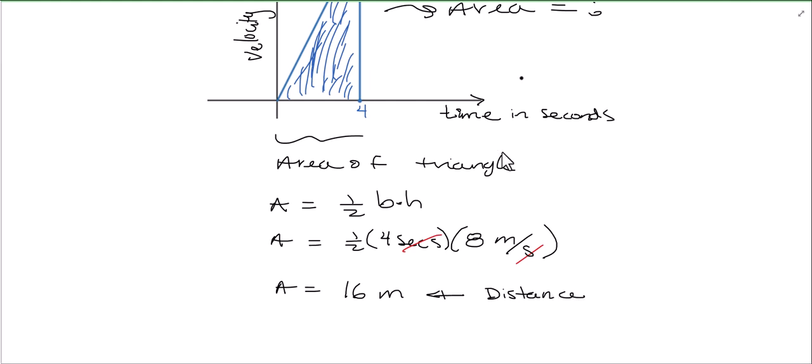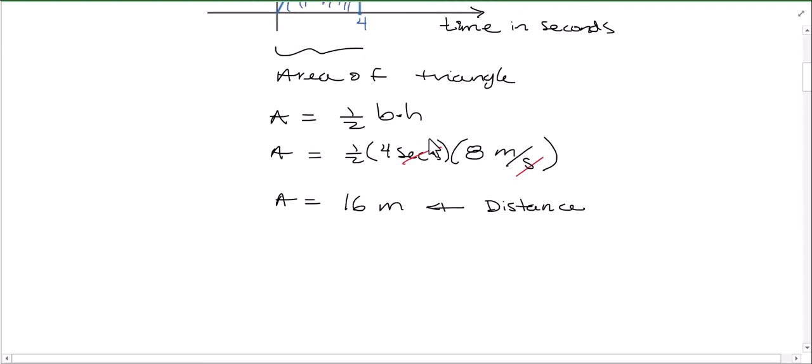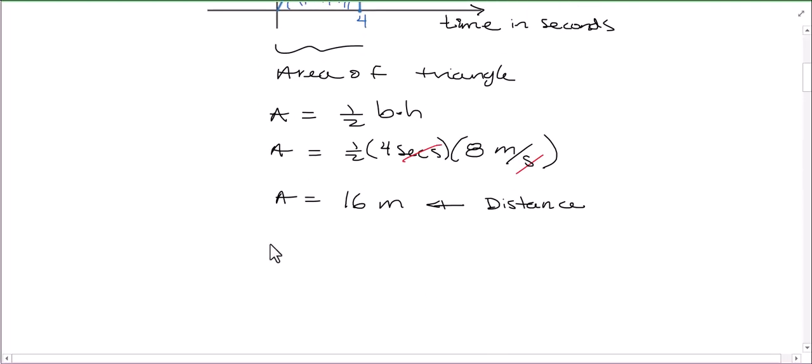Essentially, when our curve represents velocity, or the rate of change, against time, and we find the area under the curve, the area is the distance traveled by the object, whatever that object is.